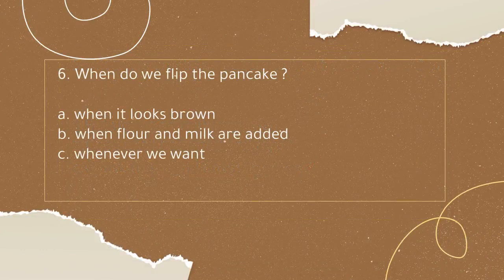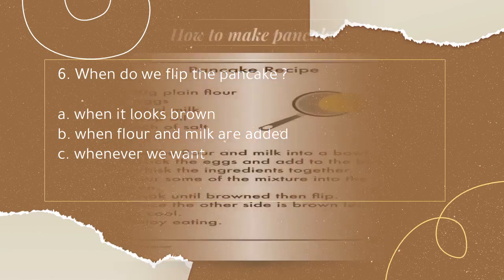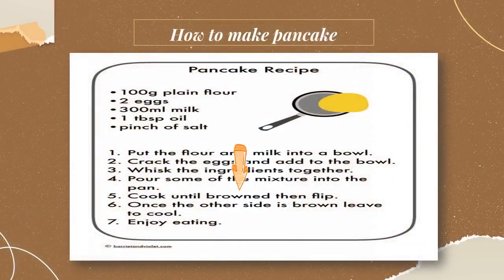And now, when do we flip the pancake? A, when it looks brown. B, when flour and milk are added. Or C, whenever we want. What is your answer? A, B, or C? Yes, the answer is cook until brown.